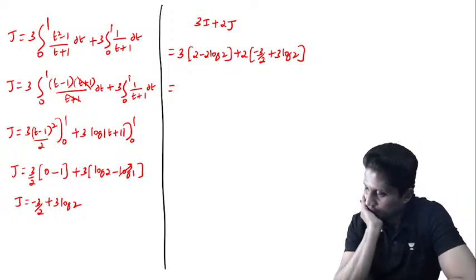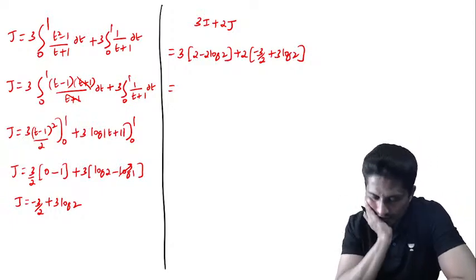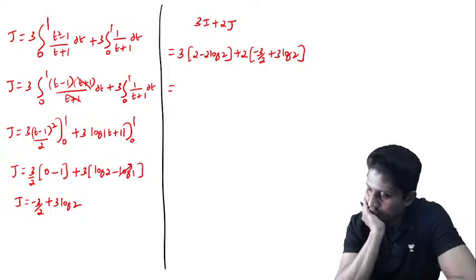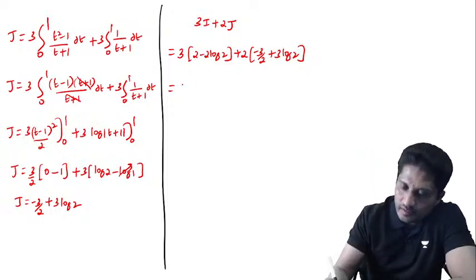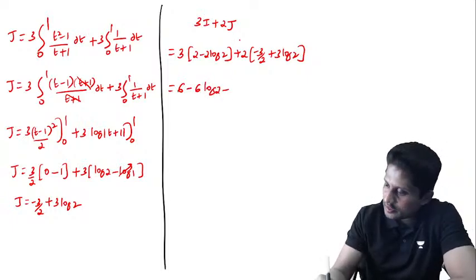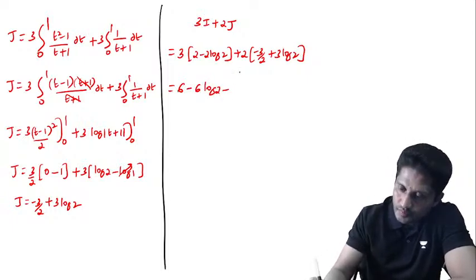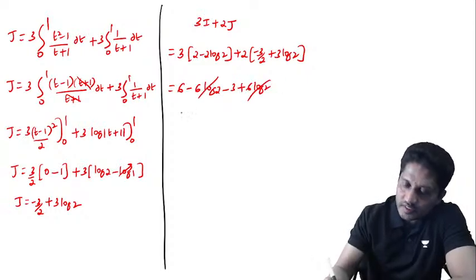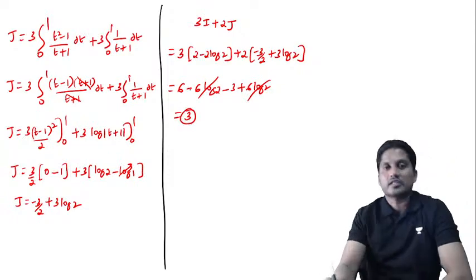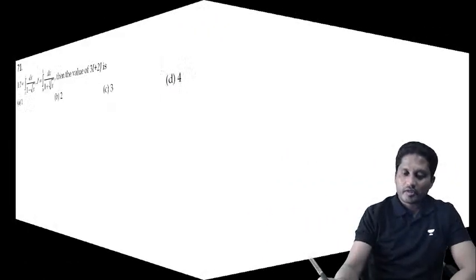J will be equal to 3 by 2 minus 3 by 2 plus 3 log 2. Correct. Now if I substitute here, this is 6 minus 6 log 2 minus 3 log 2. 2 and 2 cancels, 3 plus 6 log 2. Minus and plus cancels. 6 minus 3 is equal to 3. Answer will be equal to plus 3.